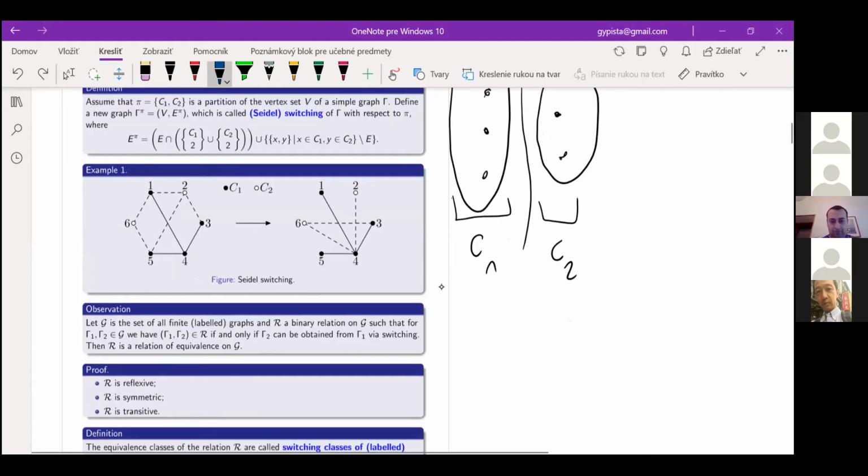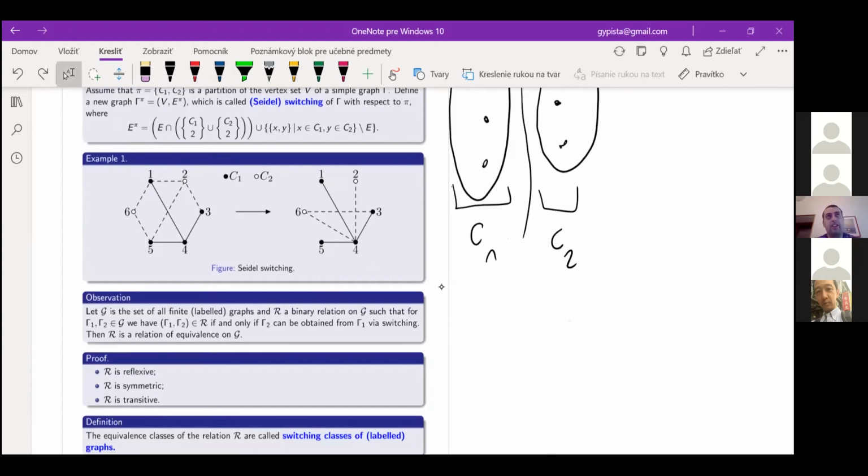And it is not hard to see that if we introduce a relation on the set of finite graphs, where graph gamma 1 is in the relation with gamma 2 if and only if gamma 2 can be obtained via switching from gamma 1, then this relation is an equivalence on the set of graphs.